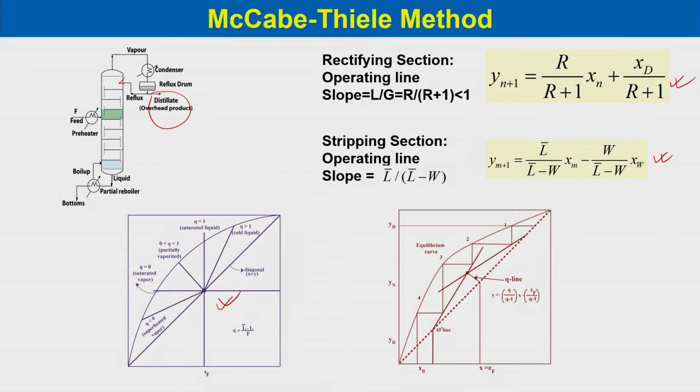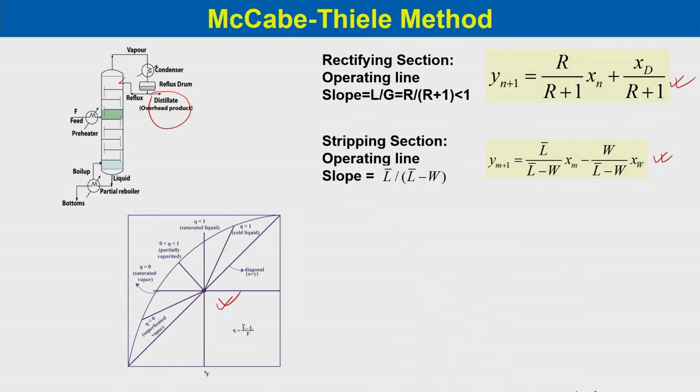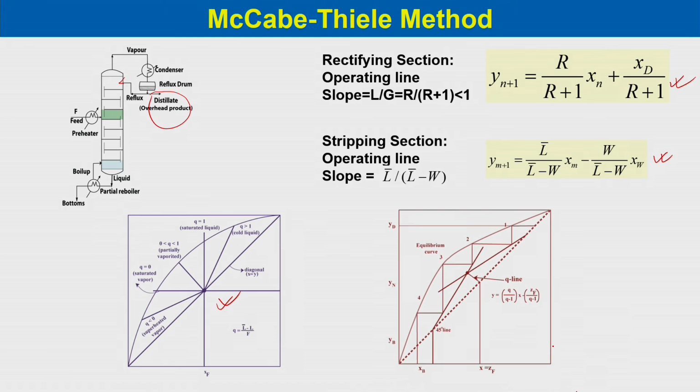So, we can locate different points, draw the equilibrium curve, draw the operating lines for both sections and the feed line, and then by this graphical method we can calculate the number of trays.